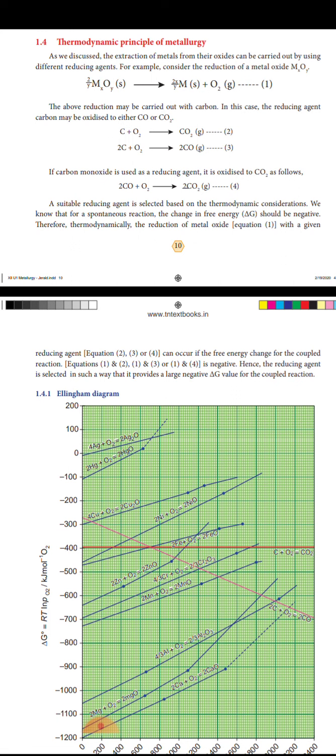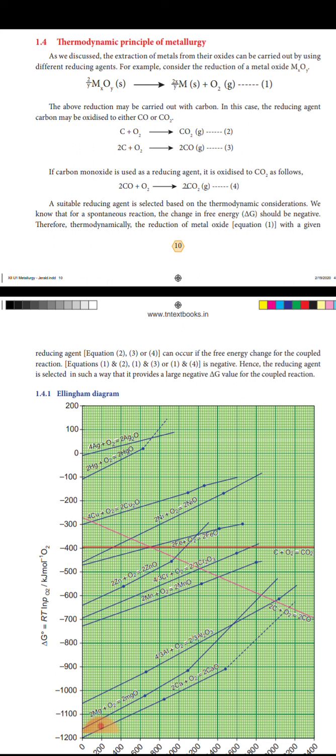Therefore, thermodynamically the reduction of metal oxide, that is equation 1, with a given reducing agent, that is equation 2, 3 or 4, can occur if the free energy change for the coupled reaction, that is equation 1 and 2, or 1 and 3, or 1 and 4, is negative.